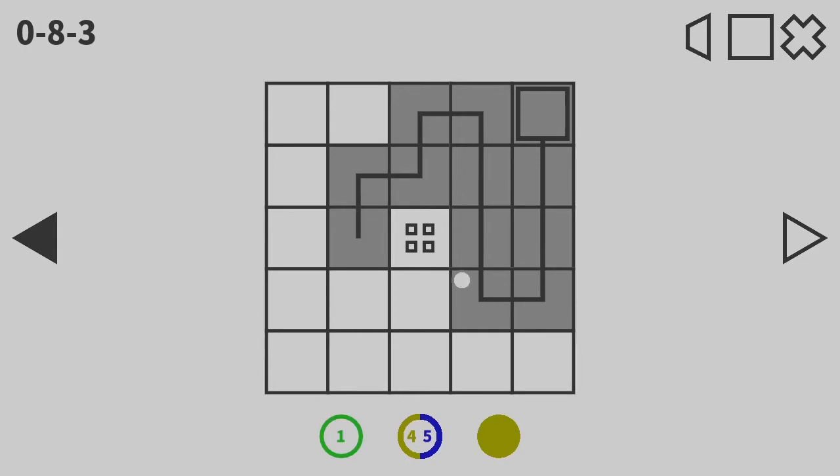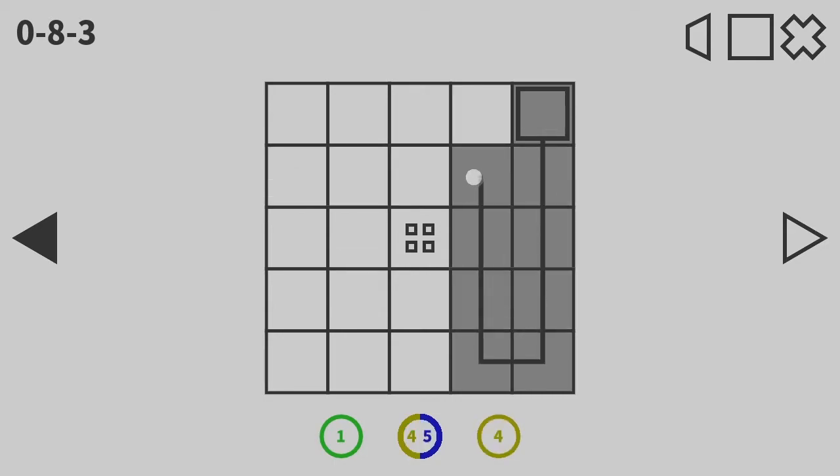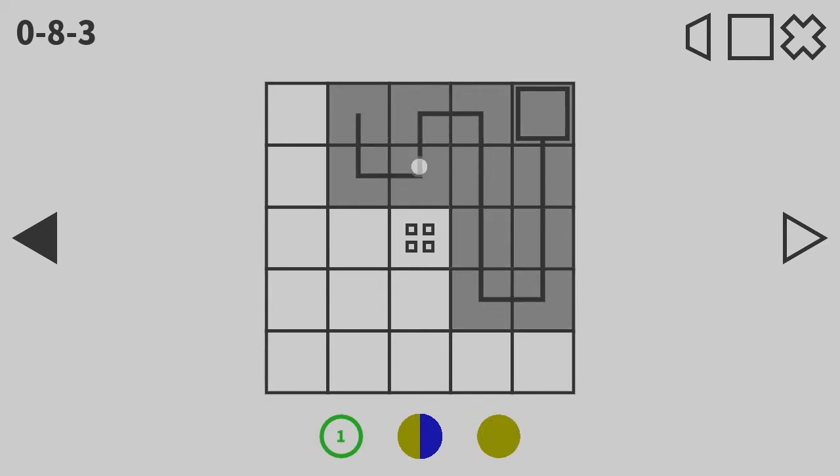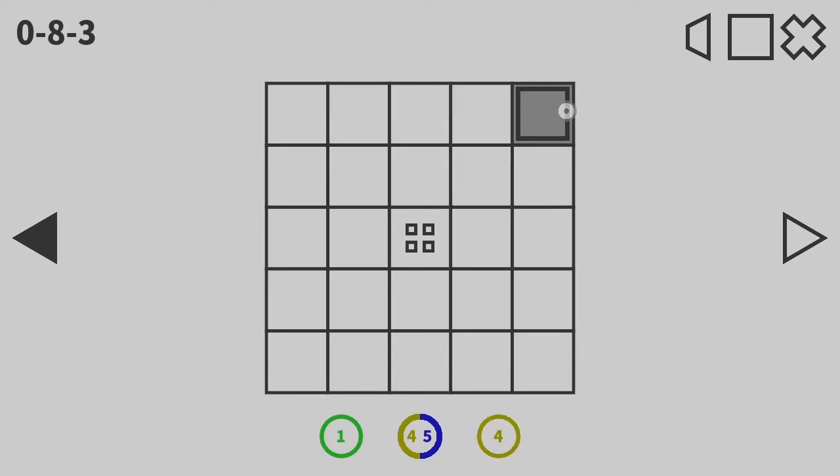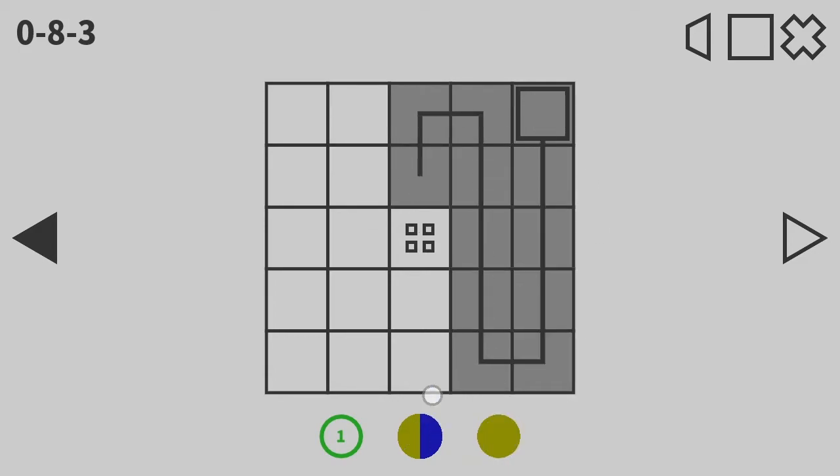Is it about the region outside? I need to think about both. Otherwise, that might be why I'm totally not getting this. So that and that are fine. And before I was doing this, not fine. This, fine.